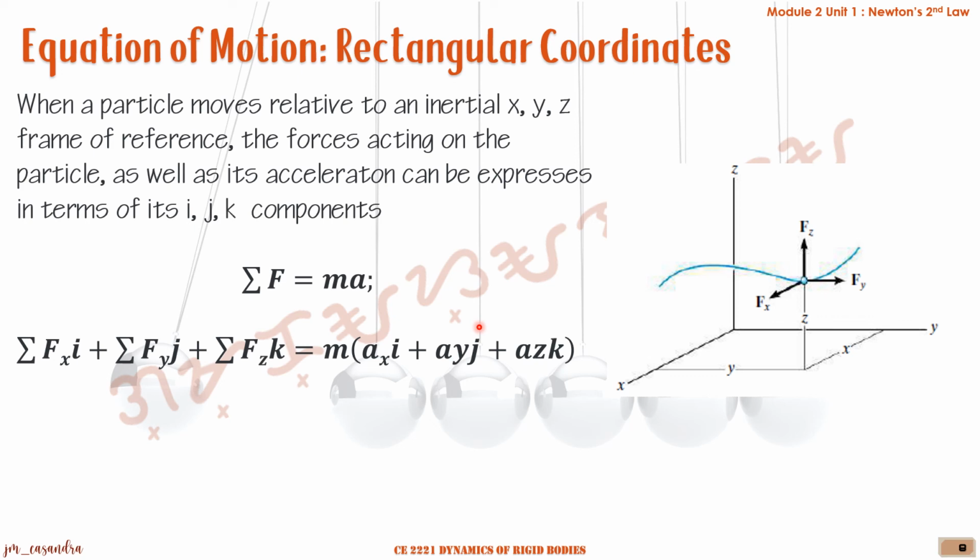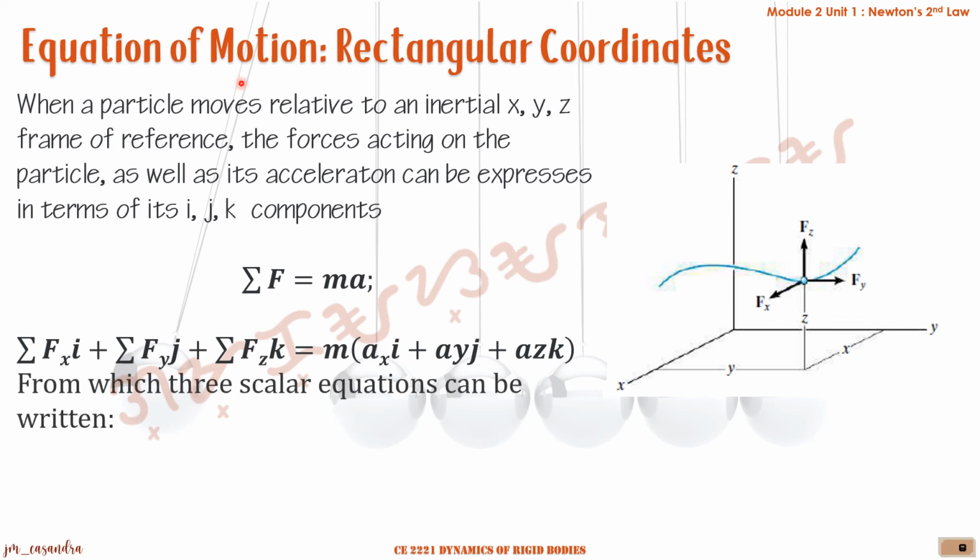So similarly, from this equation, we could write our three scalar equations in which we have the components of our forces, Fx is equal to m ax, Fy is equal to m ay, and Fz equal to m az. So ito yung ginagamit natin.